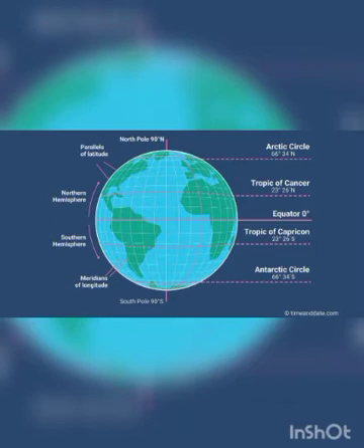In the previous lesson, we learned that as the distance of a place from the equator increases, the temperature decreases. The places near the equator are very hot.